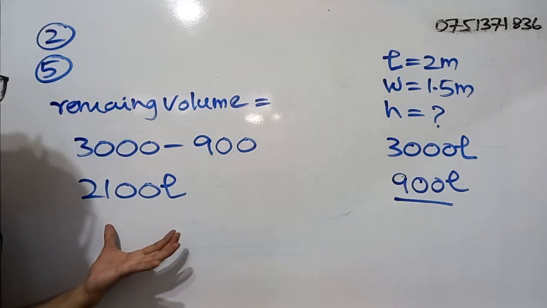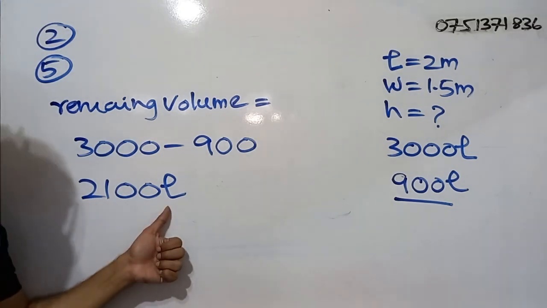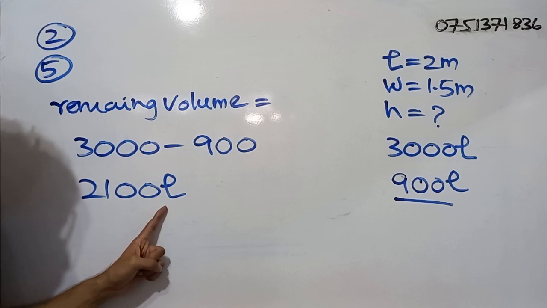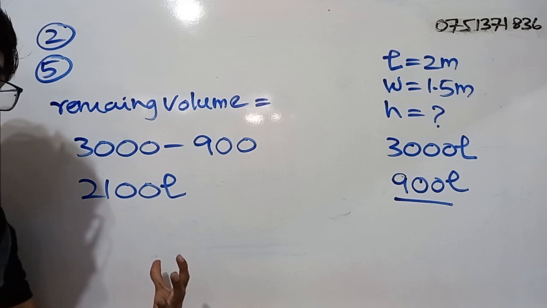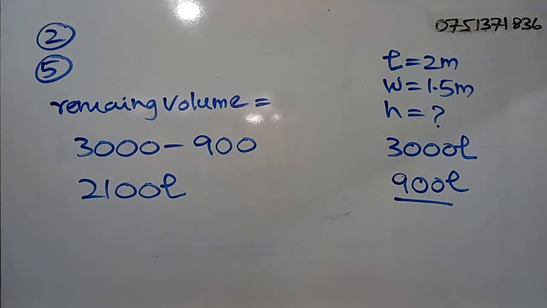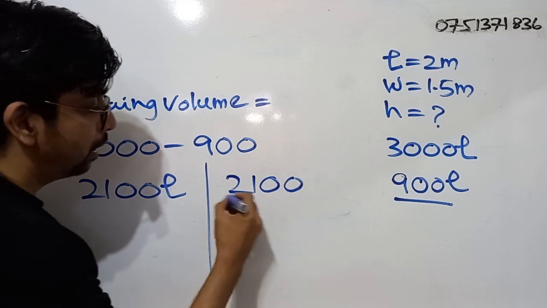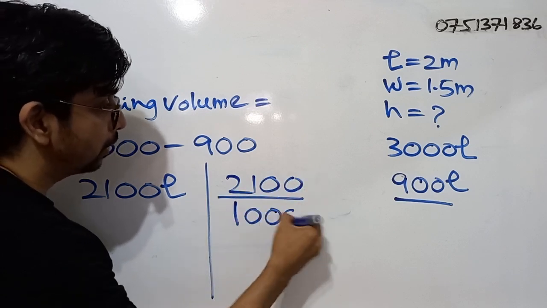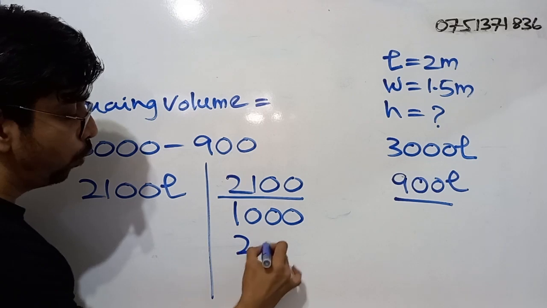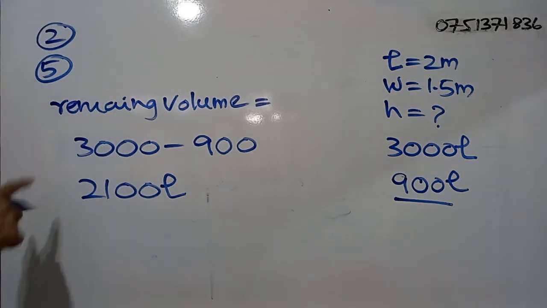There's a small thing we have to do. The remaining water volume that is given to us is in what? At the moment we have that in liters. So we need to convert that into cubic meters, right? So what do we have to do? 2100, we have to divide it by 1000, right? So what will it be? 2.1 cubic meters.